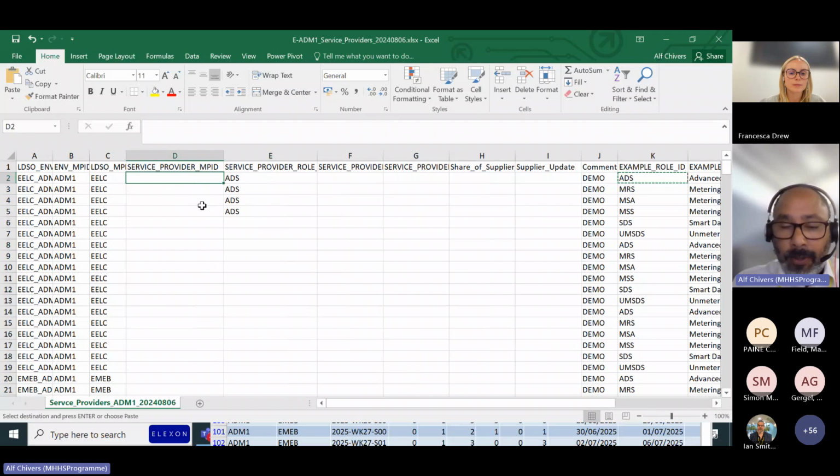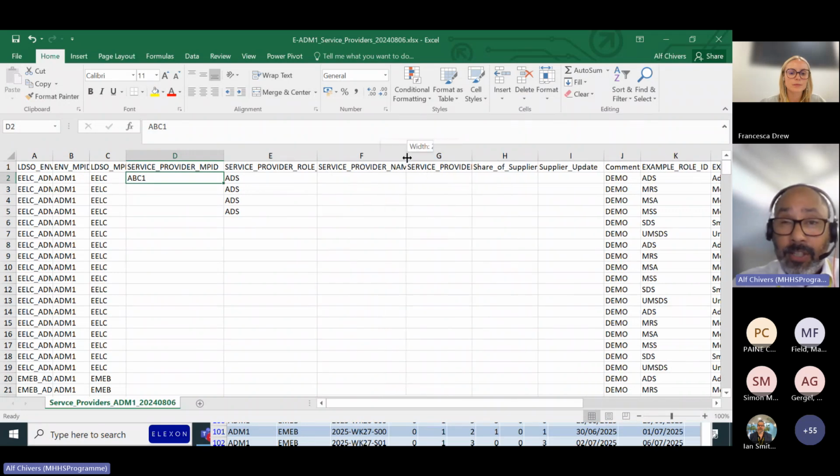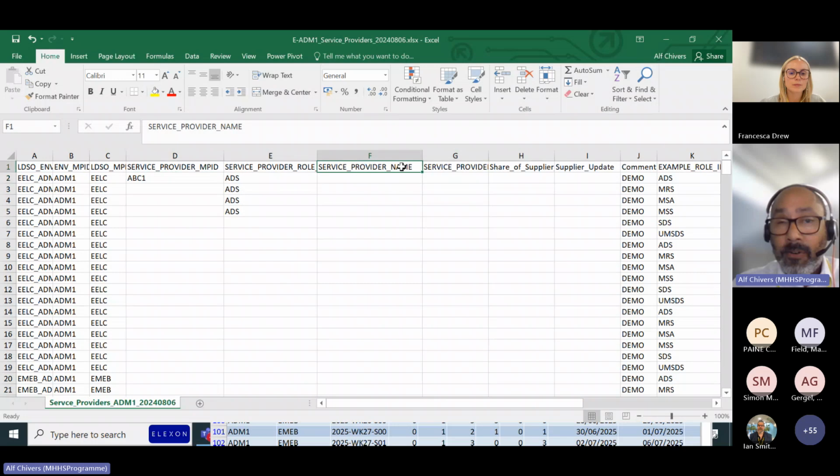I may or may not know the MPID. So I could have ABC1. That's one where I do know the MPID, and we had this question yesterday, whether it's the qualifying MPID or the current MPID. Ideally, it's the qualifying MPID, but obviously if you don't have that, it's just whatever you have. And that allows us to identify this.